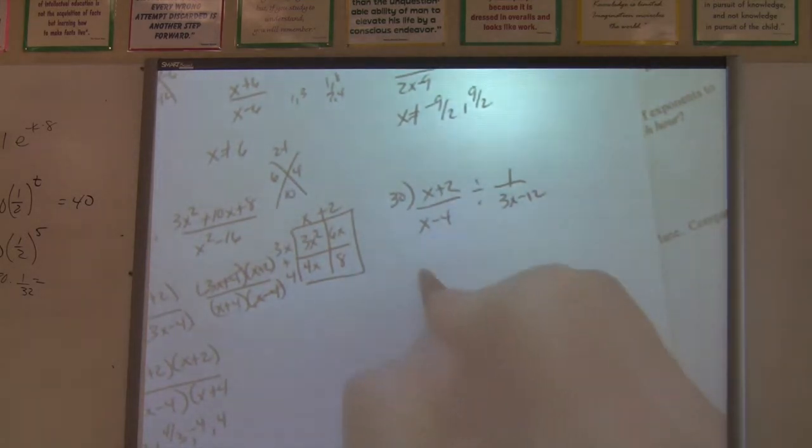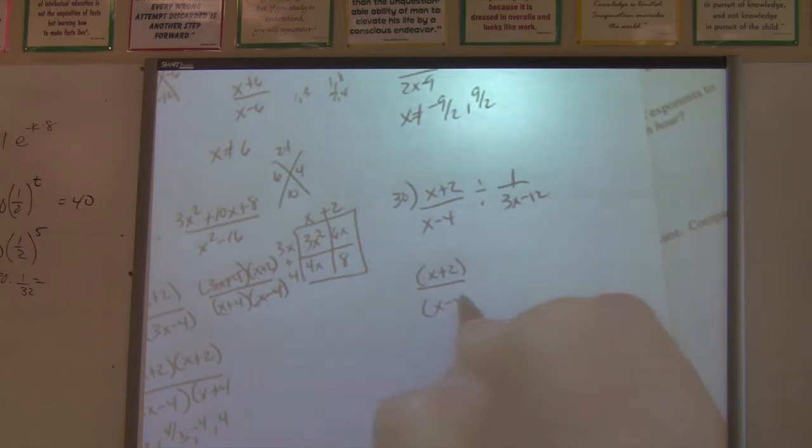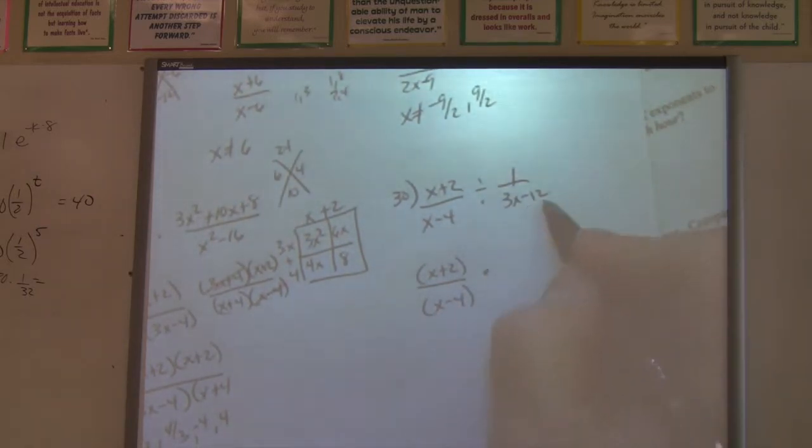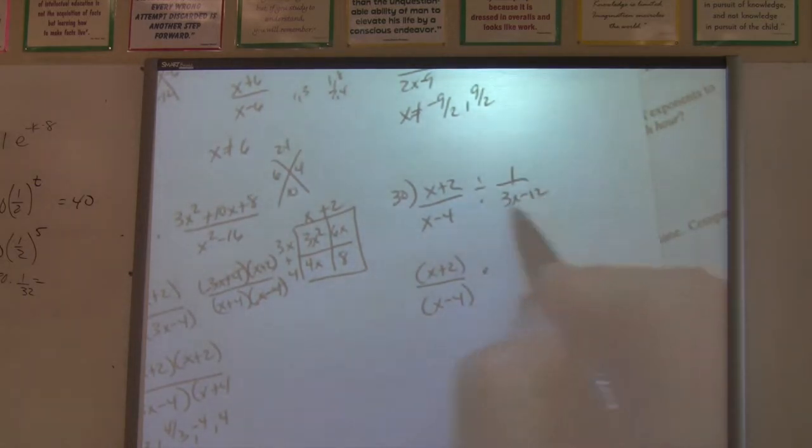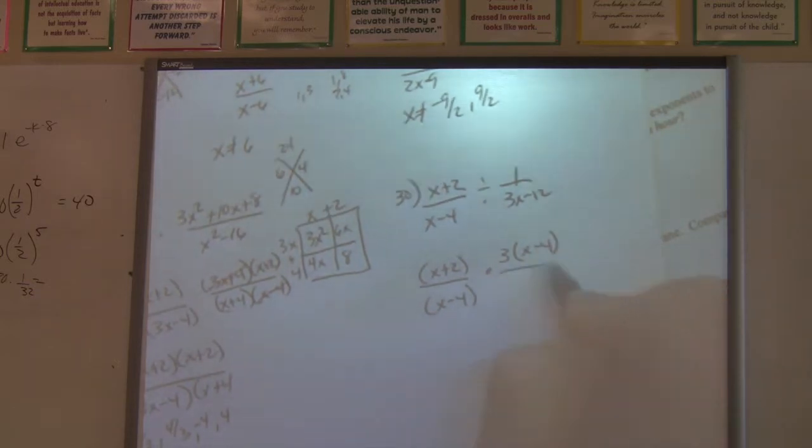So we factor, we can't factor x plus 2. We can't factor x minus 4. Now remember, division becomes multiplication, and we flip this over, so the 3x minus 12 is going to go up top. As I factor that, the greatest common factor is 3, so I get 3 times x minus 4 and 1.